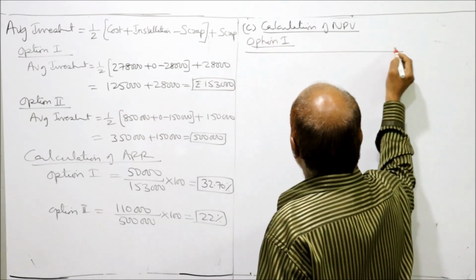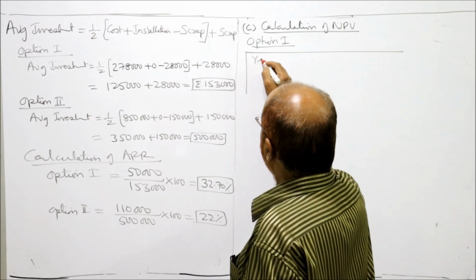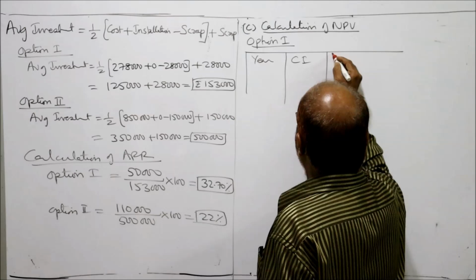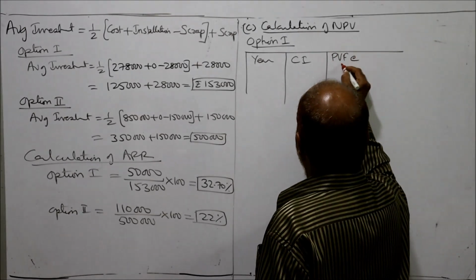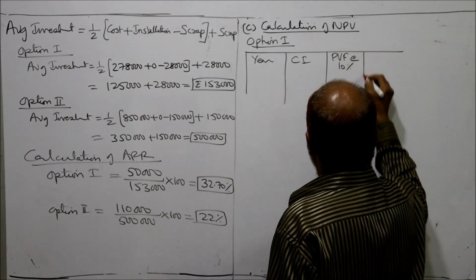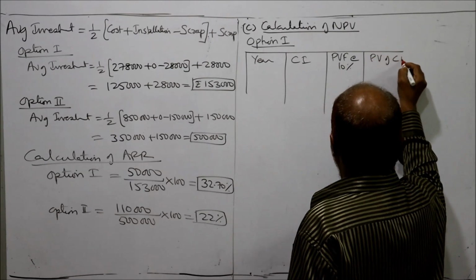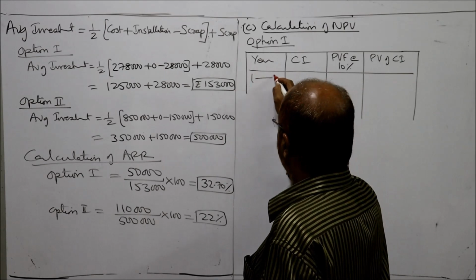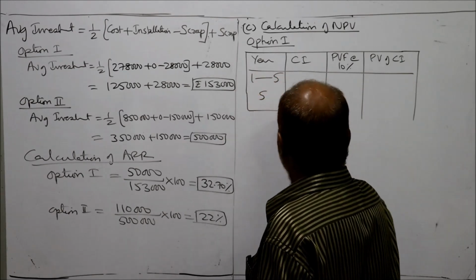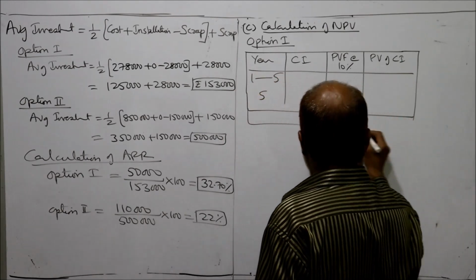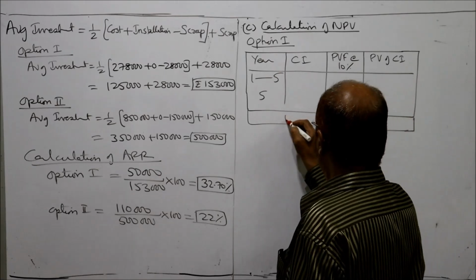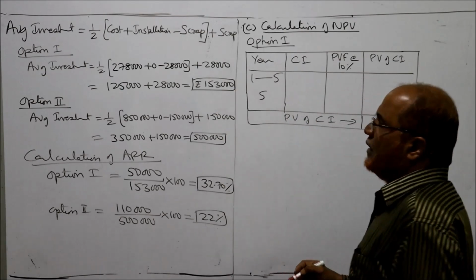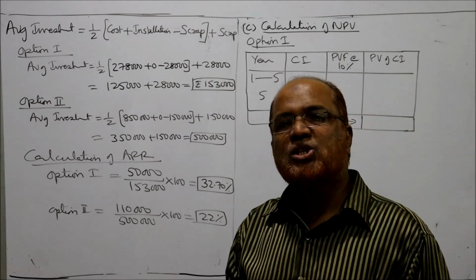Option 1. So annual cash inflows are constant.